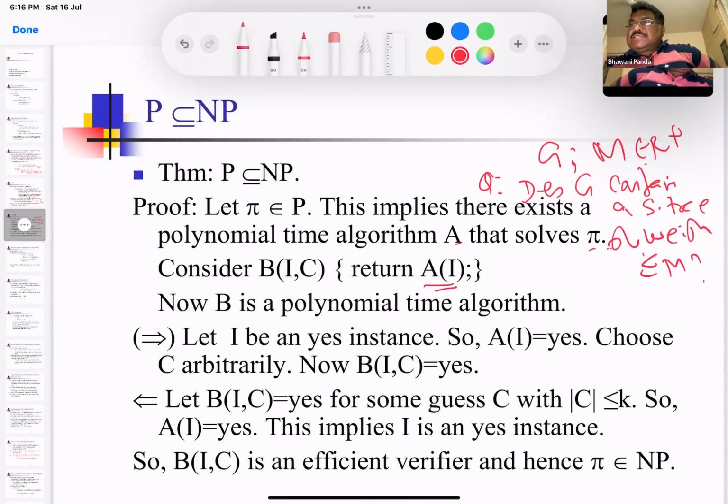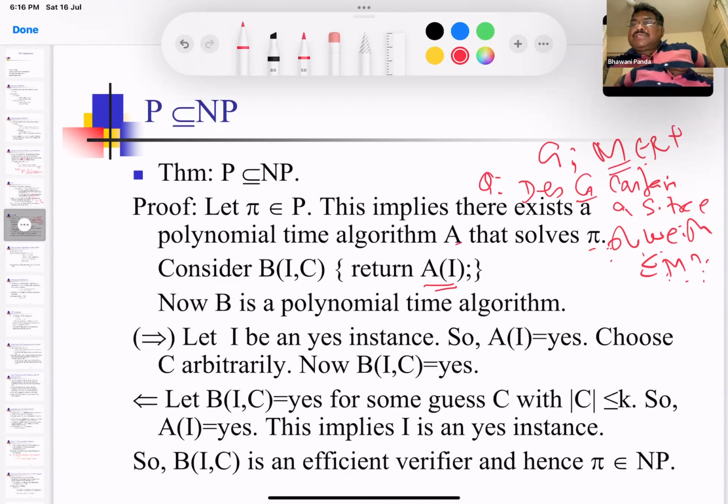So we know that this minimum spanning tree problem can be solved in polynomial time. So we saw that this problem belongs to NP. What you do, given a graph and a real number M, is run the minimum spanning tree algorithm, and then check the weight of the minimum spanning tree. If that weight is less than or equal to M, we return yes, otherwise we return no.